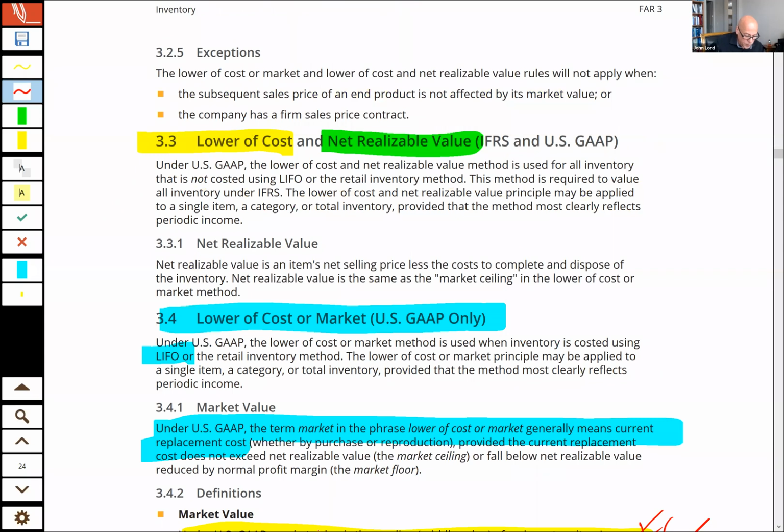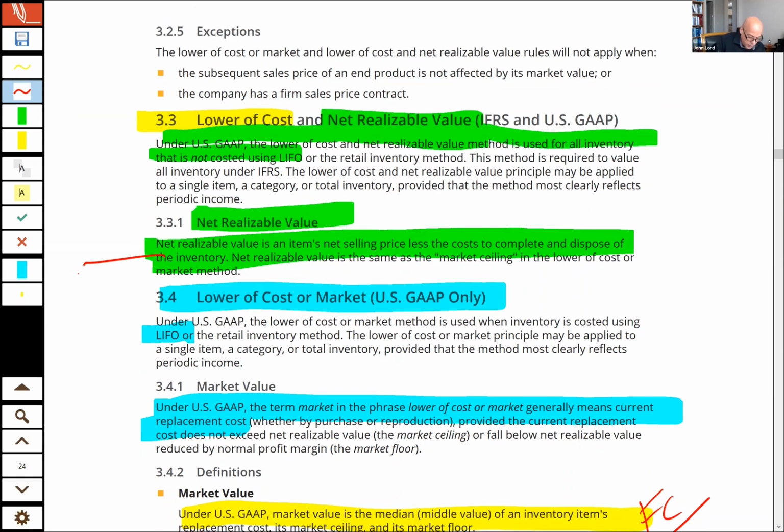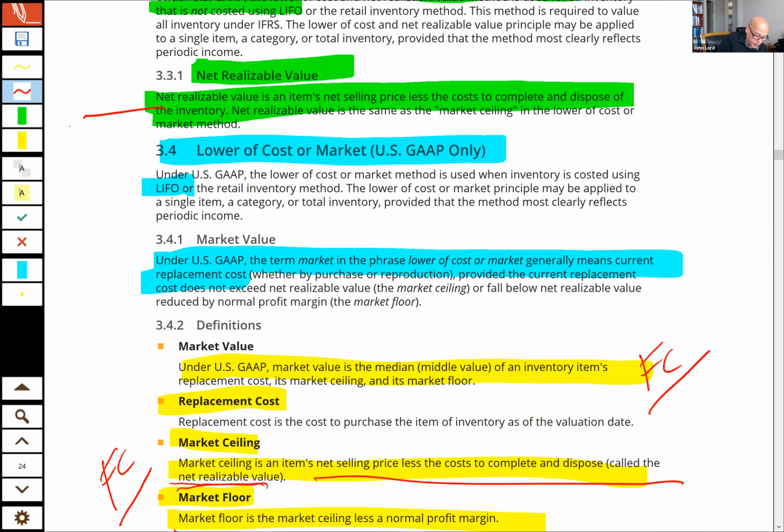Okay. Now, what we do for every other type of inventory method, we simply look at the lower of cost or the net realizable value. So it's used for FIFO, all other inventory methods except LIFO. And net realizable value is what? Computed the same way we compute the ceiling, which is net realizable value under the lower cost or market method.